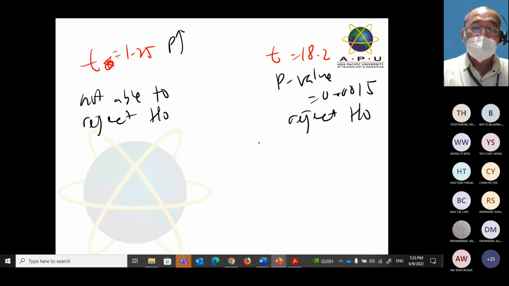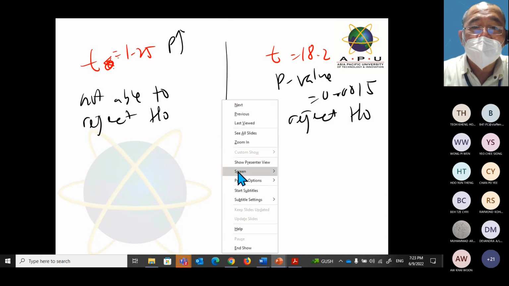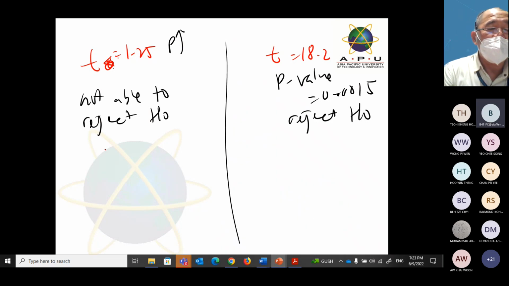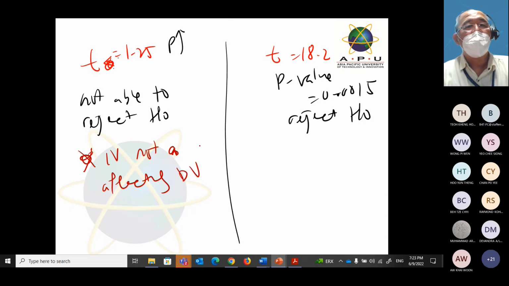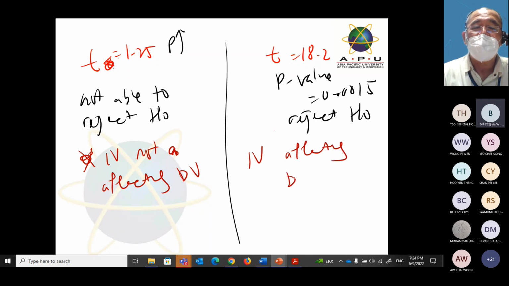On the left side, if we cannot reject the null hypothesis, it means the independent variable x1 is not affecting the dependent variable. For the right side, because we rejected the null hypothesis, the independent variable is affecting the dependent variable.